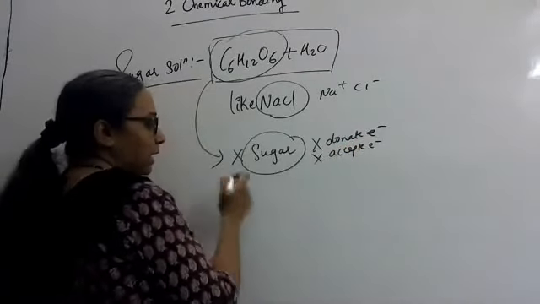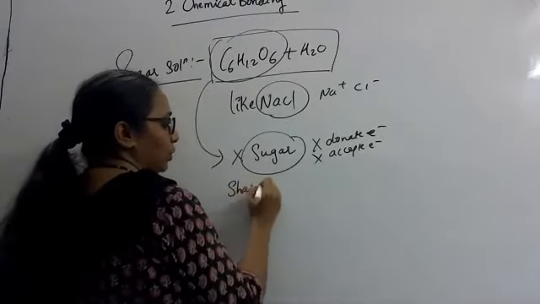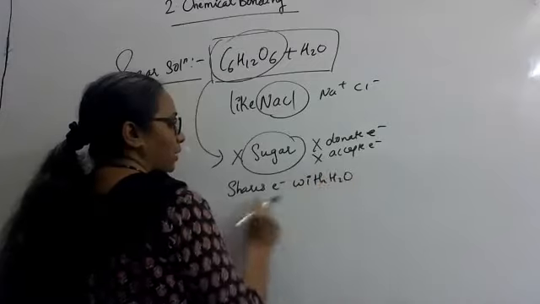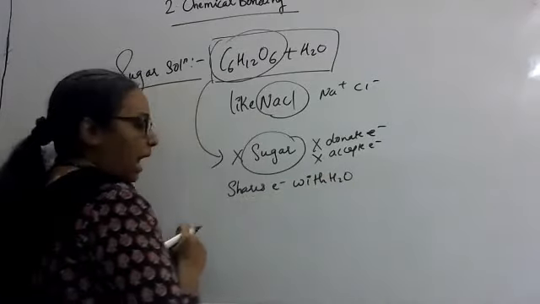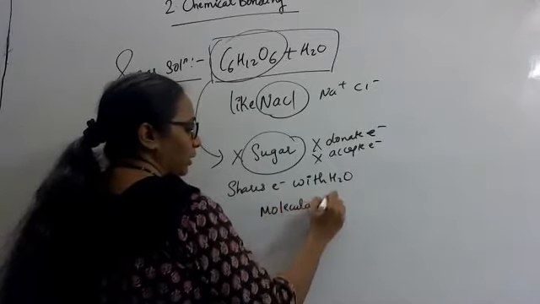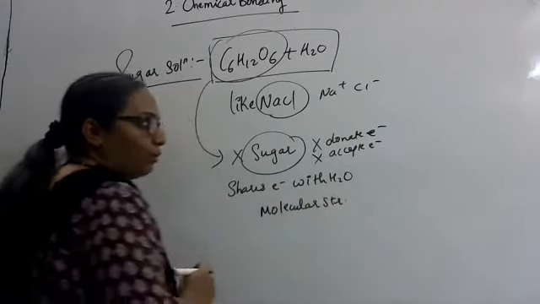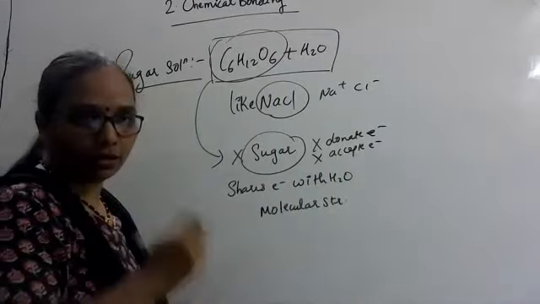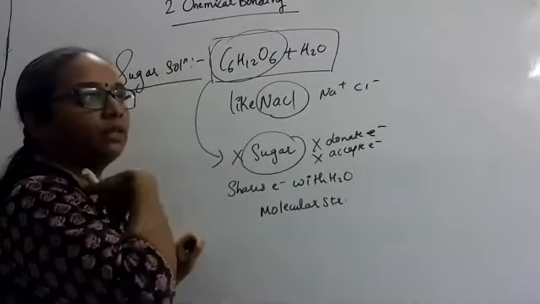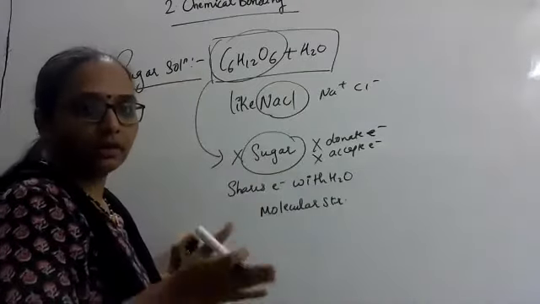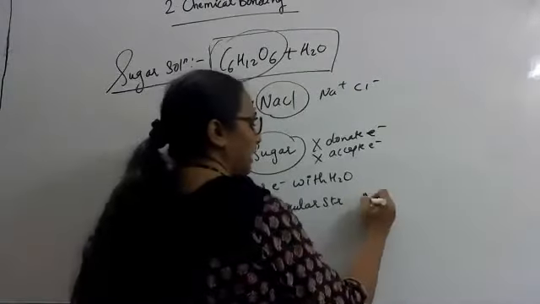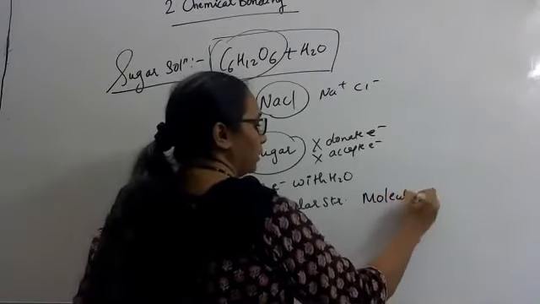So what it does is it shares electrons with water, and it forms a molecular structure. It does not form an electrovalent structure. Electrovalent structure means one atom gives electrons to another atom. That type of structure is not formed by sugar solution. It contains only molecules.